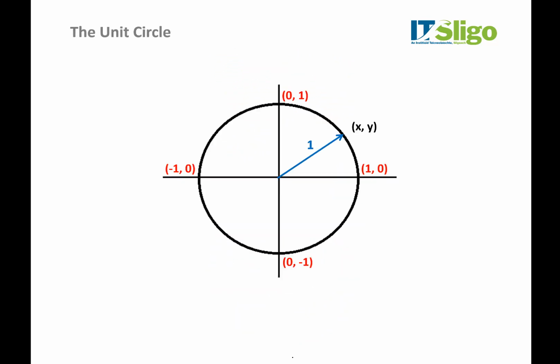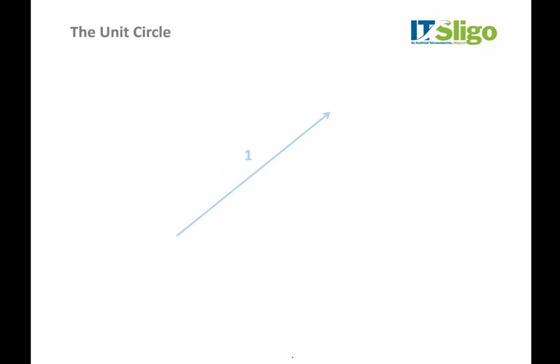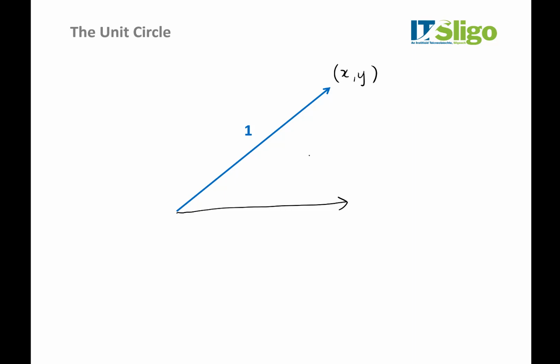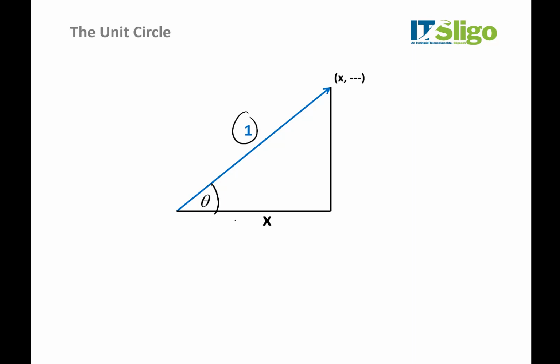Here's our unit circle. We're interested in that horizontal motion. So if we were to draw this point, this is any point on the circle, it'll be x, y. But we're interested in this bit, the x value. And now we know the hypotenuse.